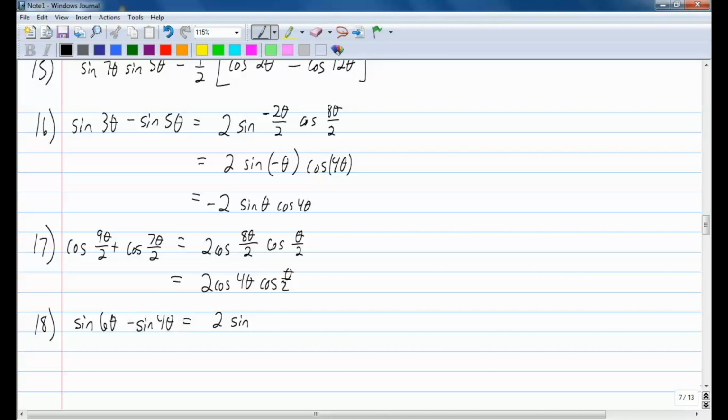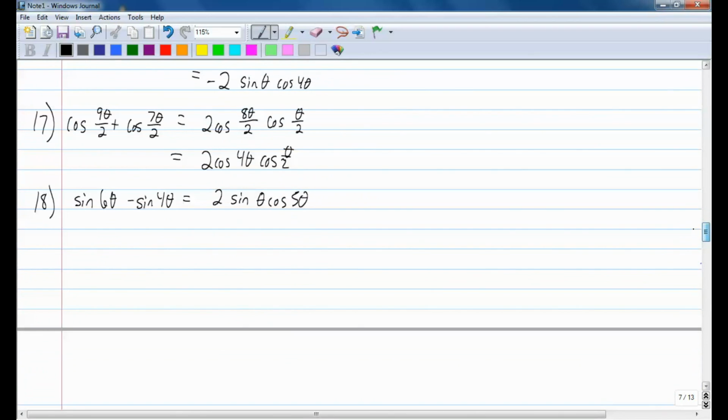So 6 theta minus 4 theta is 2 theta divided by 2. It's just going to be theta, times the cosine of alpha plus beta divided by 2. So 6 theta plus 4 theta is 10 theta divided by 2 is 5 theta. So the answer for number 18 is D.